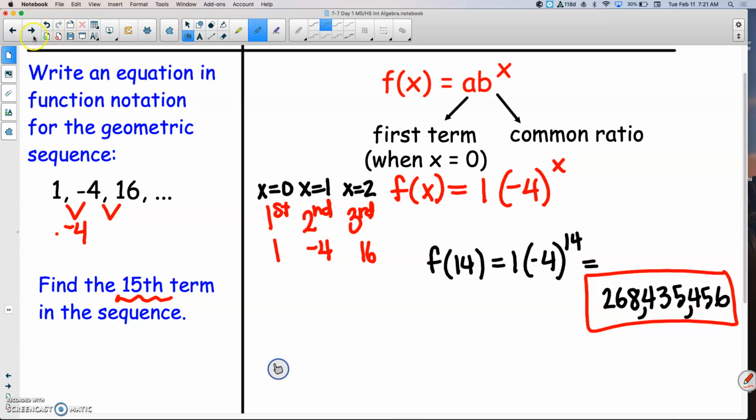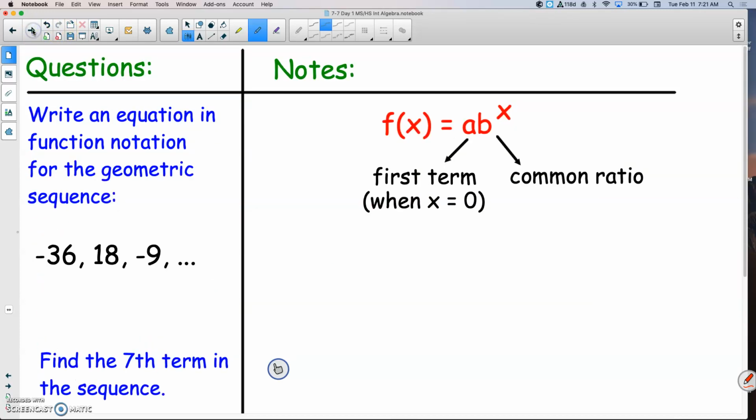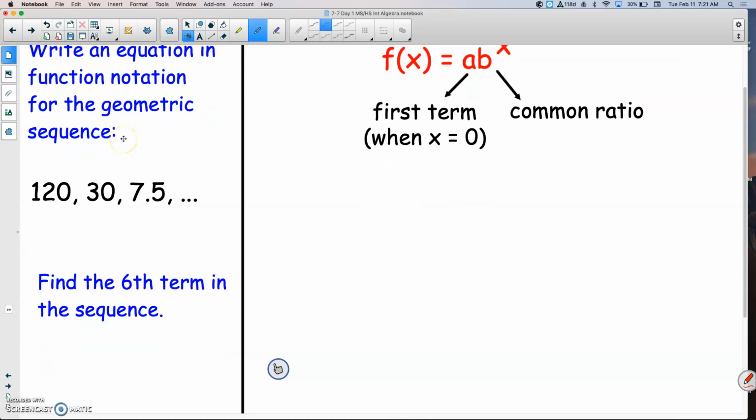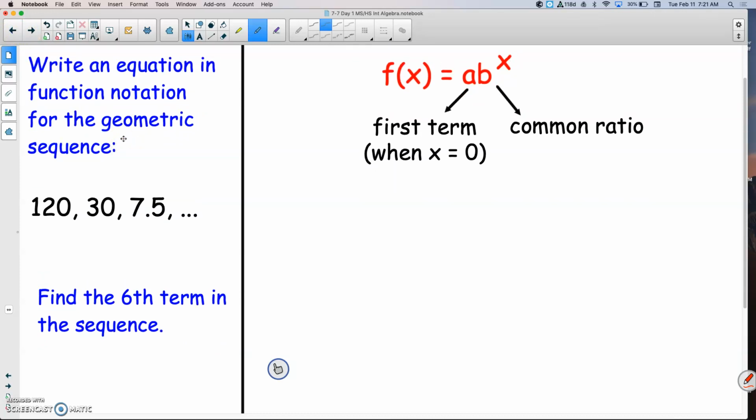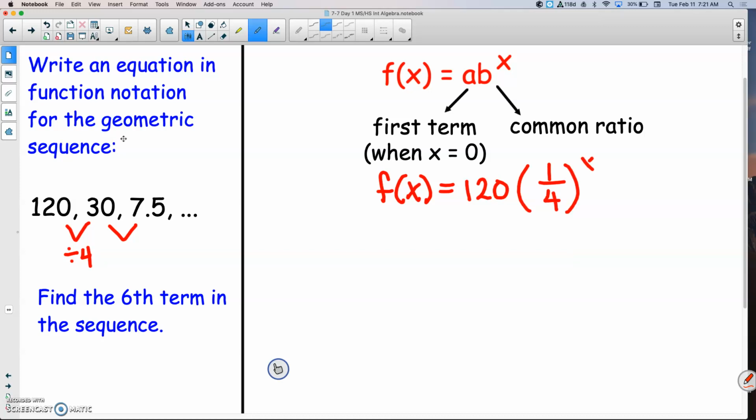All right, last example, I think. Nope, 2 left. Okay. So this one, f of x equals, first term is 120, and this time it looks like a division pattern, dividing by 4. So that's the same as multiplying by the reciprocal, which is 1/4. I'm looking for the 6th term.